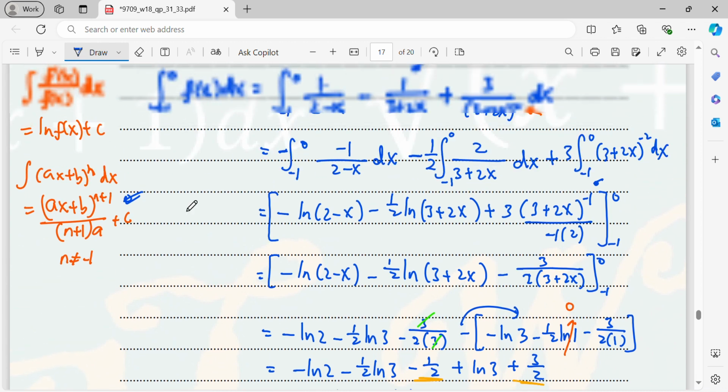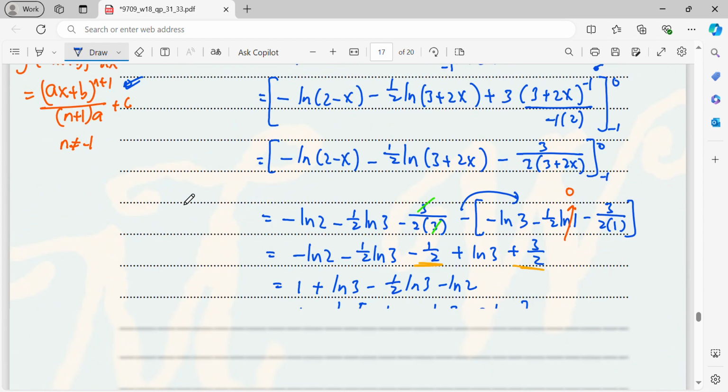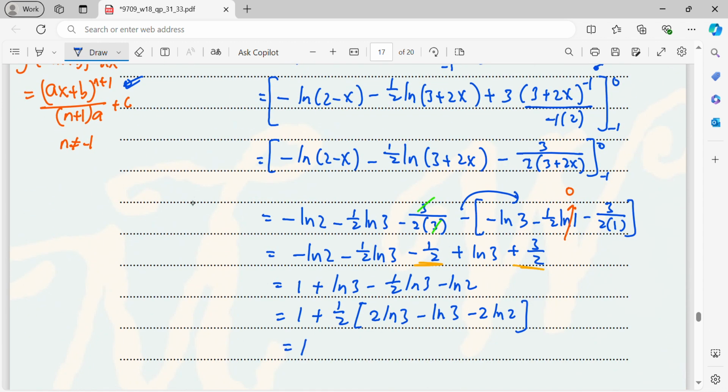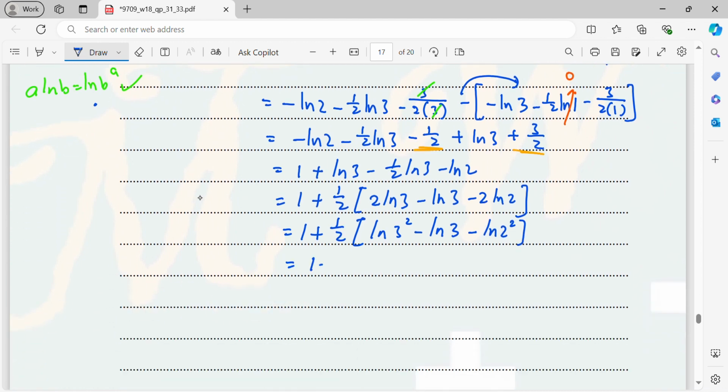And now when you look at the question here, it is half. We already found the half. I need to get ln 3 over 4. That means now here, before I combine the ln, make sure you change to this form. A ln b is ln b power a first before we combine. Therefore, this is going to be ln 3 squared minus ln 3, then minus ln 2 squared. So the last 2 terms can be combined, can be factorized the minus.